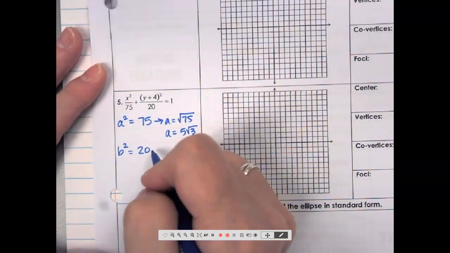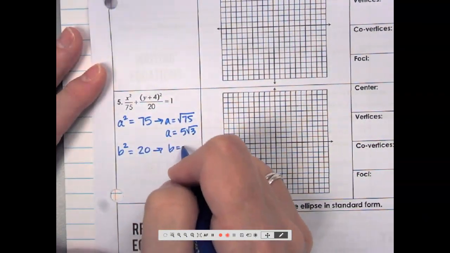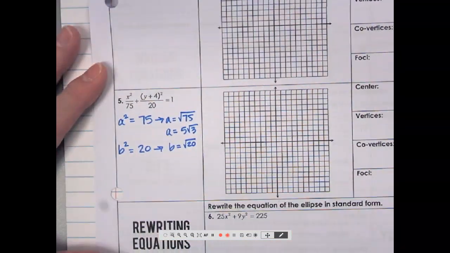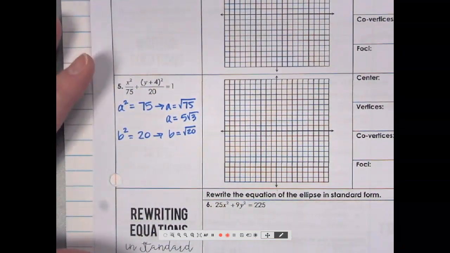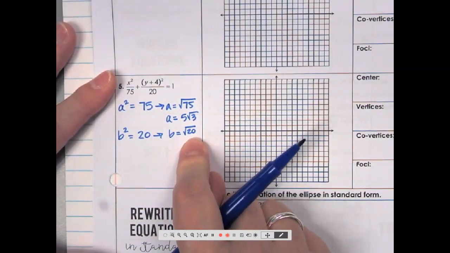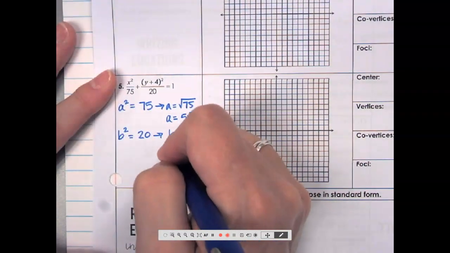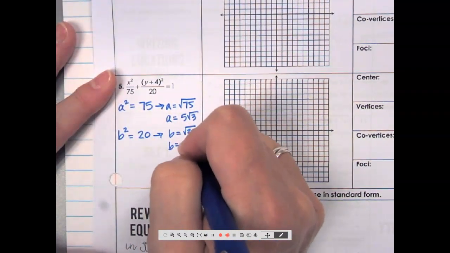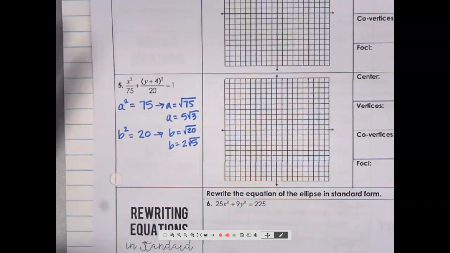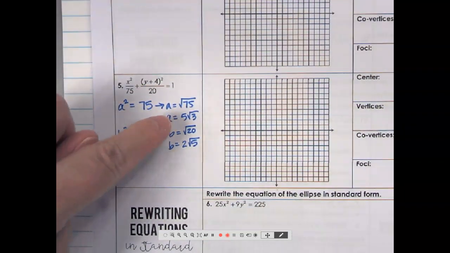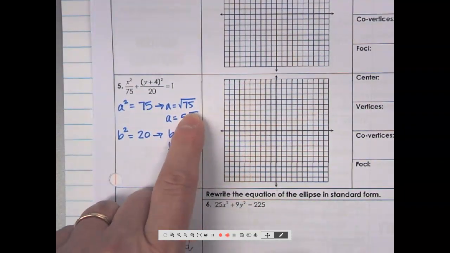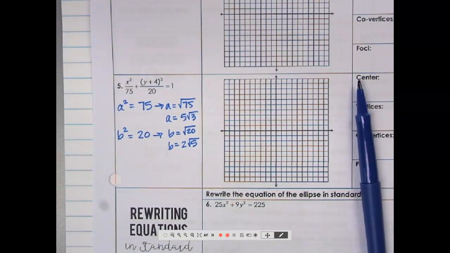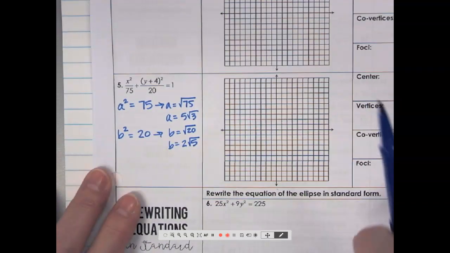So b is square root of 20. That can also be simplified. I don't care if you simplify it, but if we do, that's 4 times 5. So that becomes 2 square root of 5. Now, if I'm thinking of how far this is, I'd rather think of square root of 75. That's easier to think, okay, it's a little bit more than whatever.